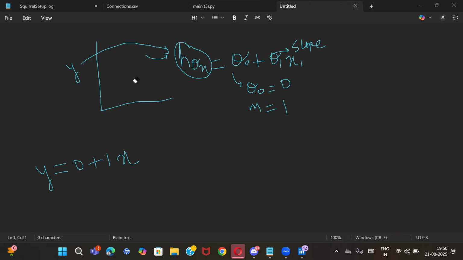We are basically predicting the points, right? So here is my x1, here is my x2, here is my x3, here is my x4.